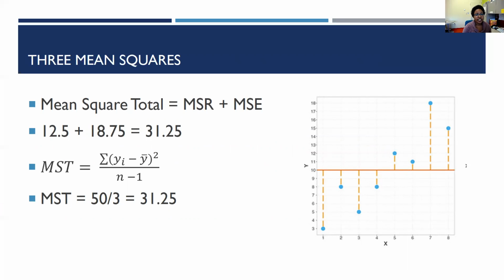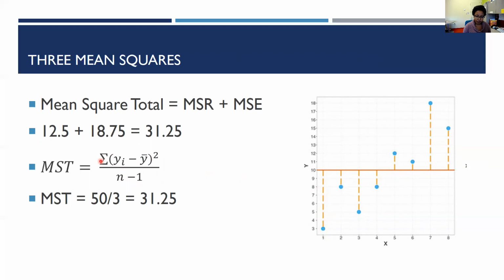Fortunately, the third mean square is just adding the MSR and the MSE together. So in this case, we're going to add our 12.5 and our 18.75 to get 31.25. There's another way to get the mean square total, and that's by using the actual value minus the mean of Y. So here you can see an example where they're taking the actual values and just taking how far they are from that mean of Y. Once again, you square them, you add them all up, and then you're going to divide by the number of observations minus 1.